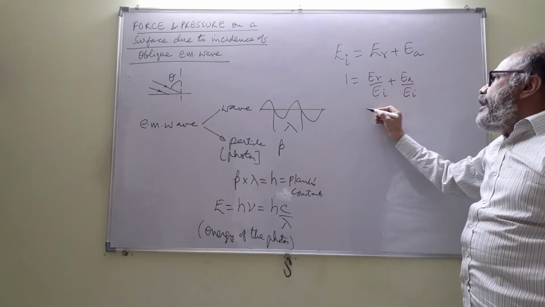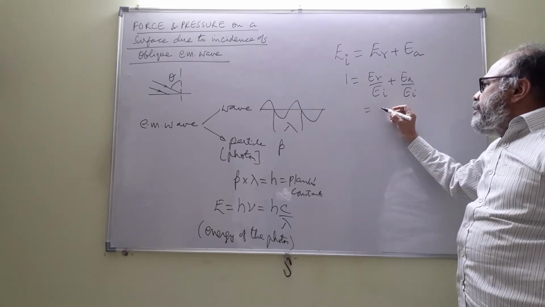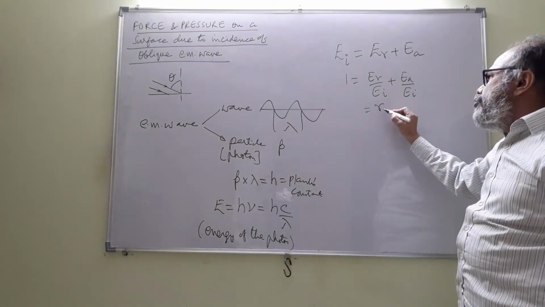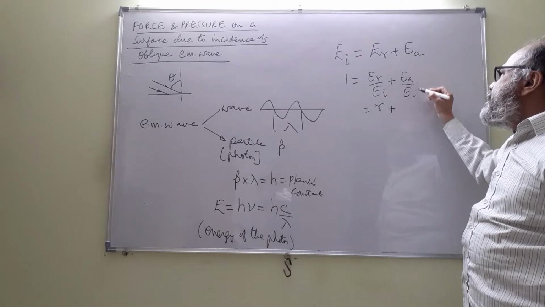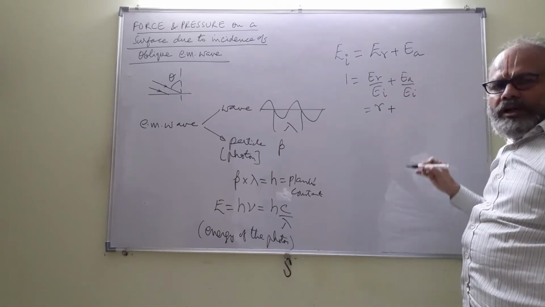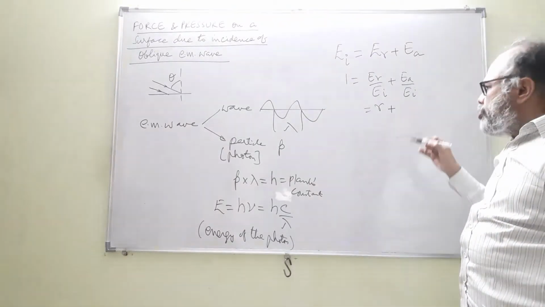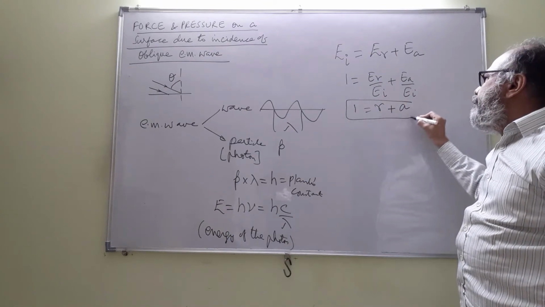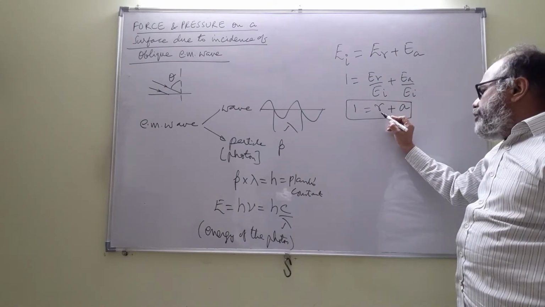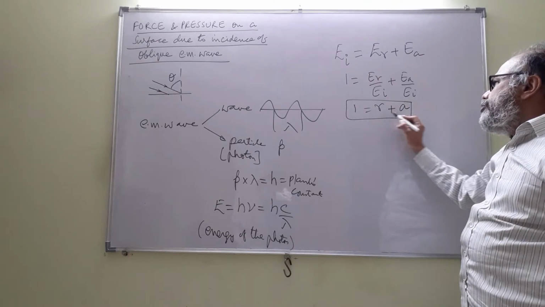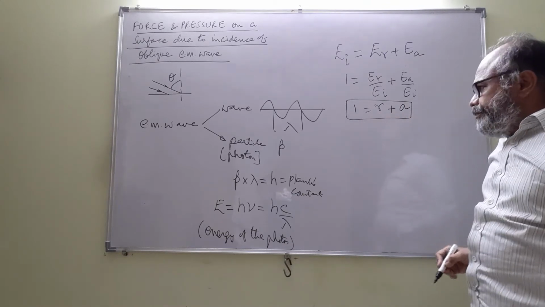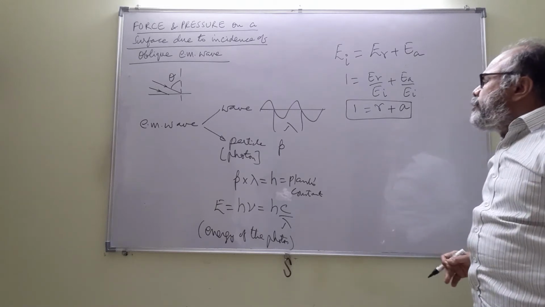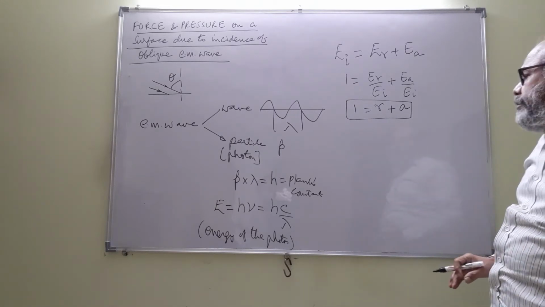ER by EI is called the reflectivity or the reflection coefficient, denoted by R. And EA by EI is called the absorption coefficient or the absorptivity, A. So we have the reflection coefficient plus the absorption coefficient equal to 1. This is one basic thing which we need to bear in mind.